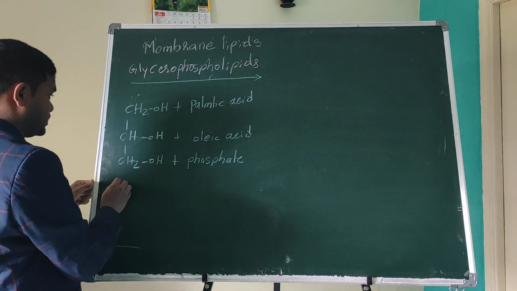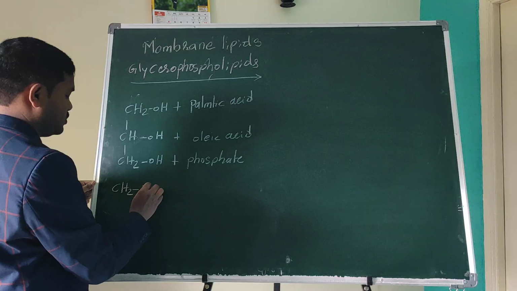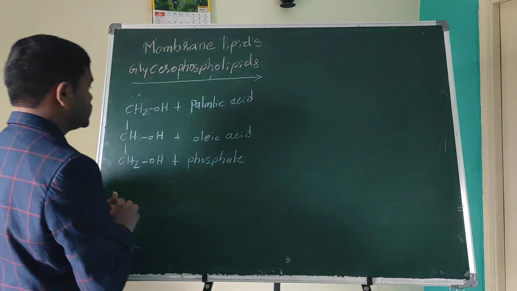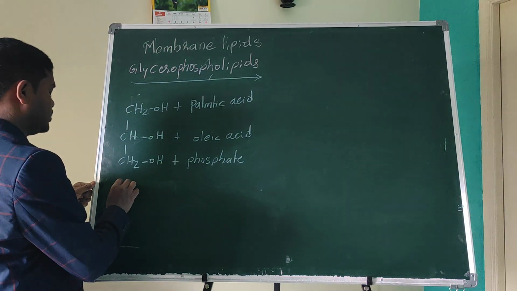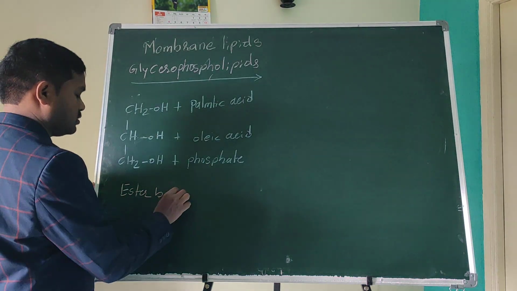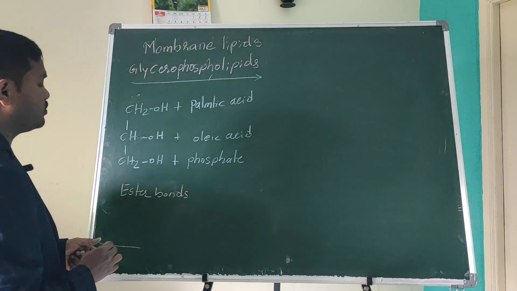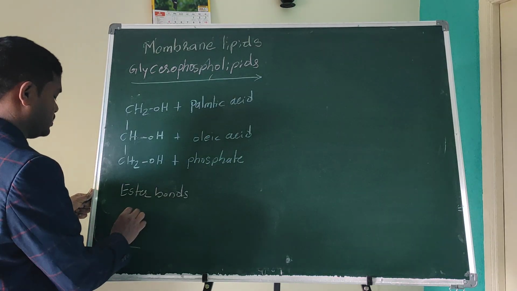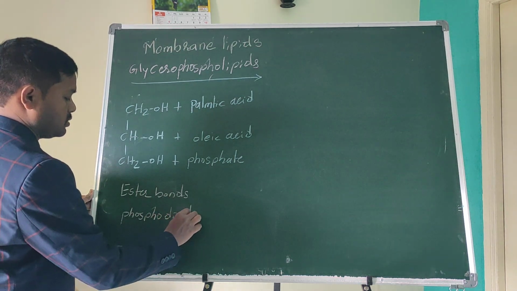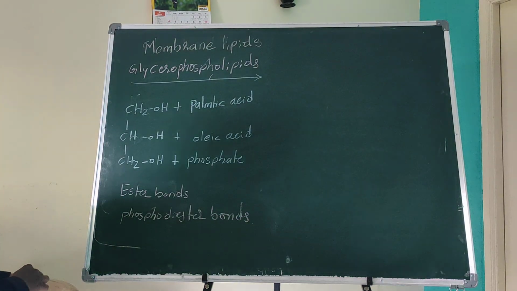For example, these glycerophospholipids are linked to fatty acids through ester bonds, and the phosphate is linked through phosphodiester bonds.